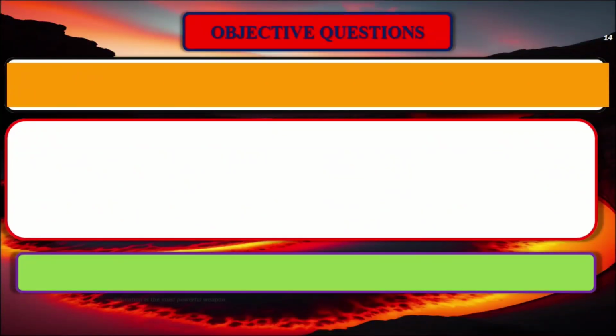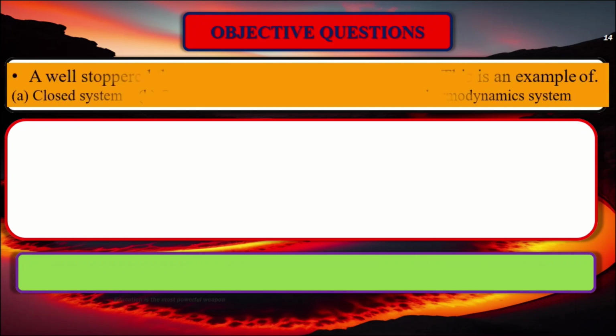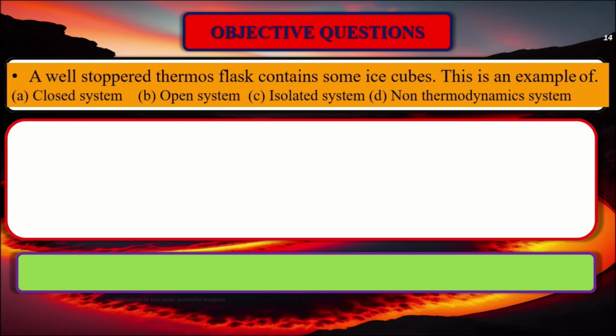Let's see a few questions. First one, a well-stoppered thermos flask contains some ice cubes. This is an example of: closed system, open system, isolated system, non-thermodynamic system. The correct answer is isolated system.